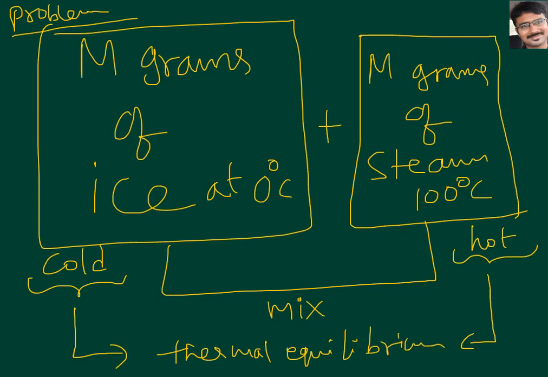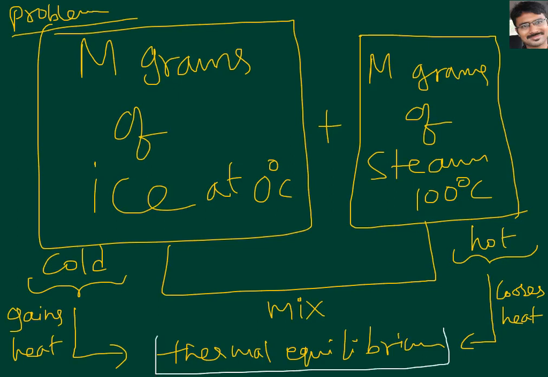In this process, the cold body gains heat energy and the hot body loses heat energy, so that the two bodies acquire thermal equilibrium. Thermal equilibrium means both bodies get the same temperature.